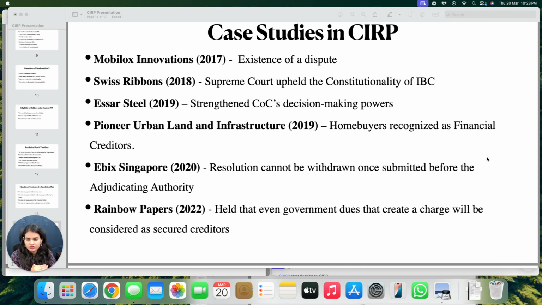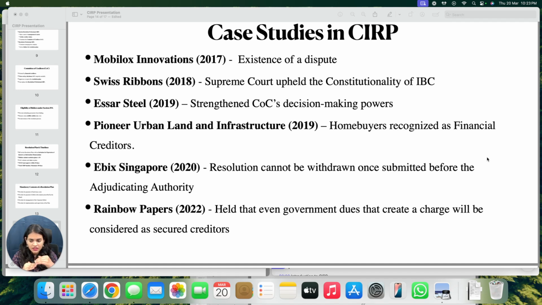But in more of an economic standpoint, considering their commercial and business sense and acumen, the financial creditors have been put in that decision-making authority, and they've been given that role.